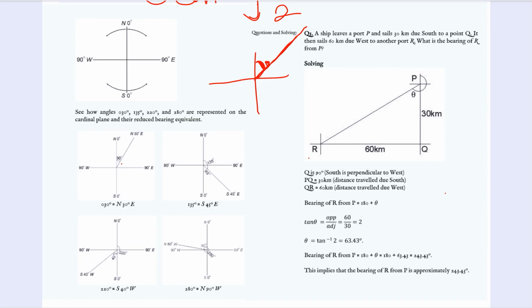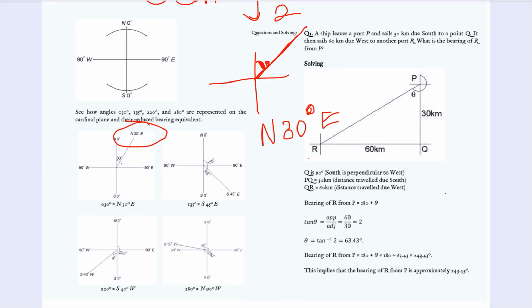If I don't want to call it 30 degrees, I can call it in cardinal form. In cardinal form, it is north, because it is coming from north, 30 degrees. And what is the next cardinal point? East. So that is why we have north 30 degrees east in that first example.